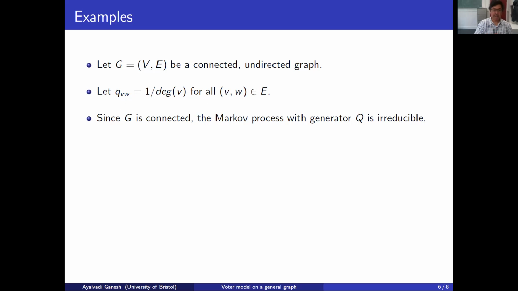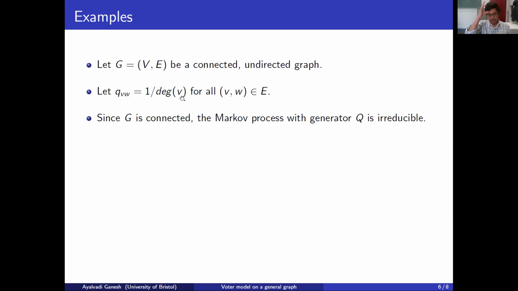When it becomes active, it picks one of its neighbors uniformly at random and copies the state of that neighbor. So vertex V has degree of V neighbors, and it picks any one of them with probability 1 over the degree. If W is a neighbor of V, then the rate at which V contacts W is 1 over the degree of V.